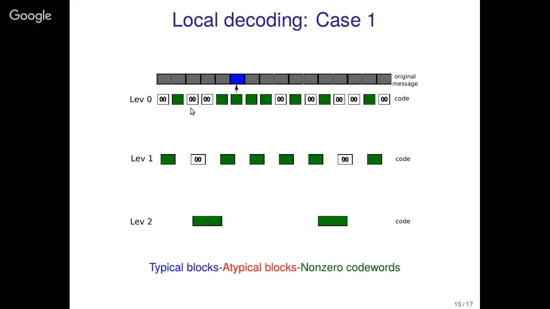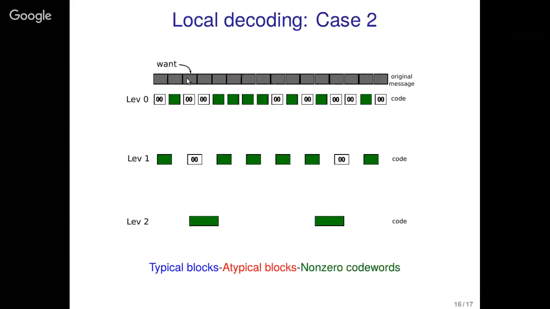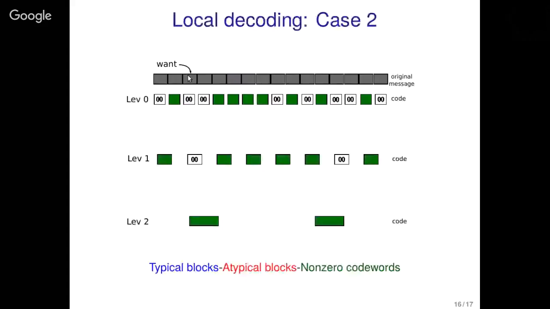Now, suppose we want to recover a symbol that lies in this block. Then we read the level 0 code word. Is this 0 or non-zero? It is 0, which means that this block must be atypical. So we now look at a larger neighborhood. We go to level 1 and look at the level 1 code word. Is this 0 or non-zero? This is 0. Therefore, even the level 1 blocks, the large blocks, are also atypical.